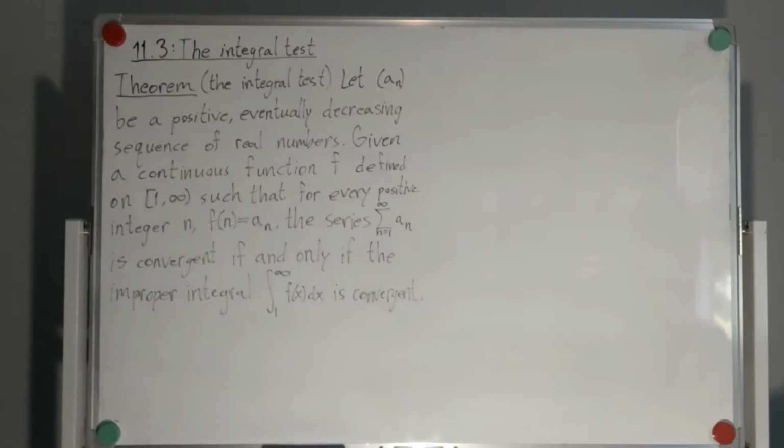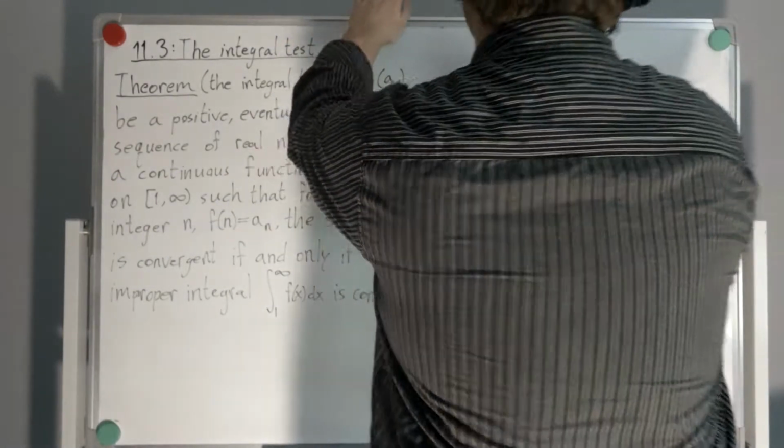Let me just get a new marker here, since what I was using is apparently running out of ink. So, of course, we're going to do some examples here. So, let's start with this one.